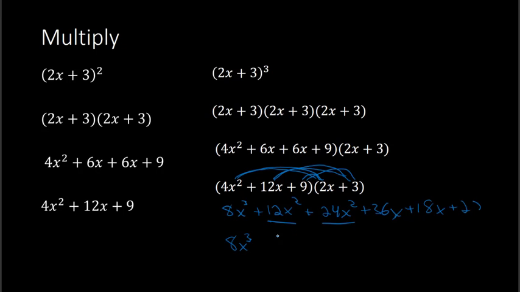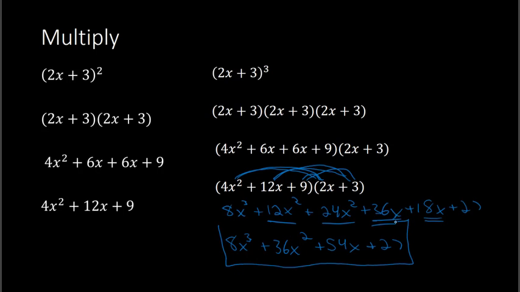And then the squareds, we have 12 plus 24 is 36. So 36x squared. And then 36x plus 18x, that gives me 54x. And then the plus 27 at the end. So my final answer, after I've multiplied everything, would be 8x cubed plus 36x squared plus 54x plus 27.